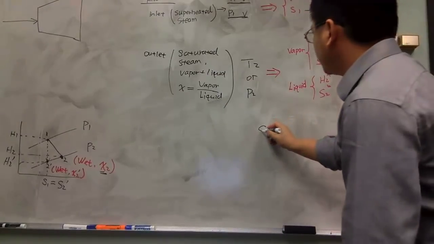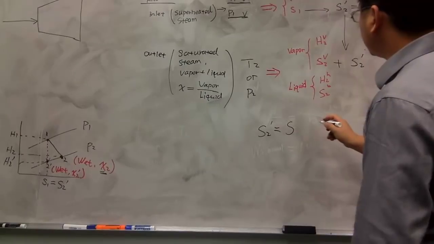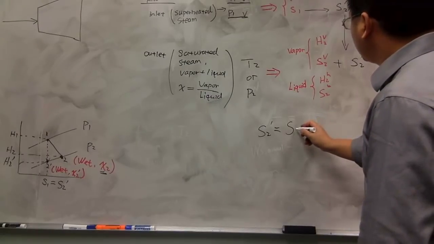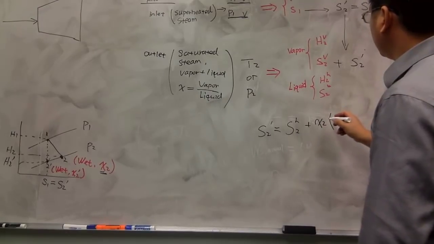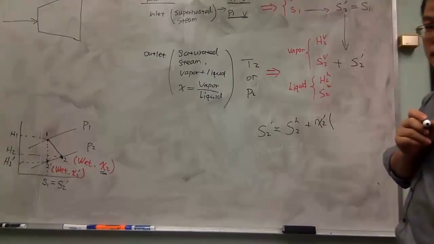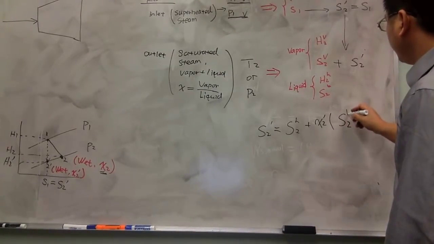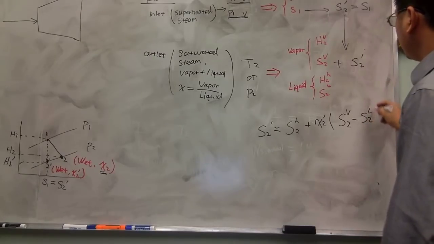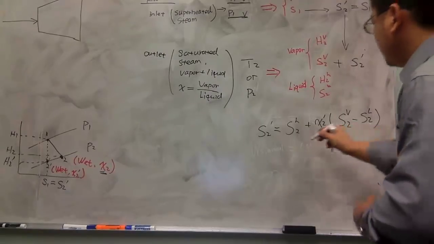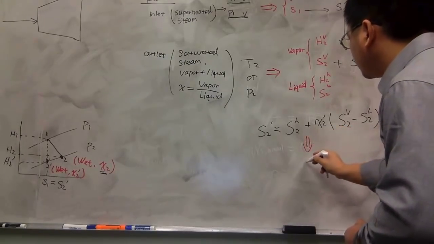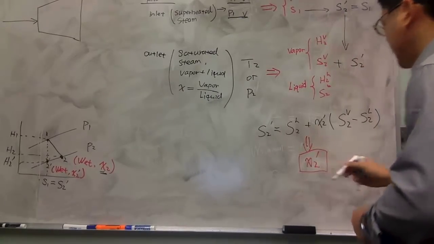Okay. So now, if you have this S2 prime over there, S2 prime would be S2 liquid plus X2 prime times S2 vapor minus S2 liquid. Okay, so from here I'm going to solve X2 prime.